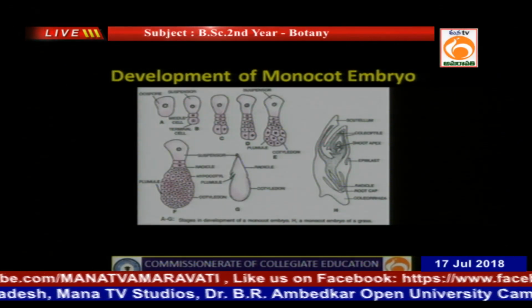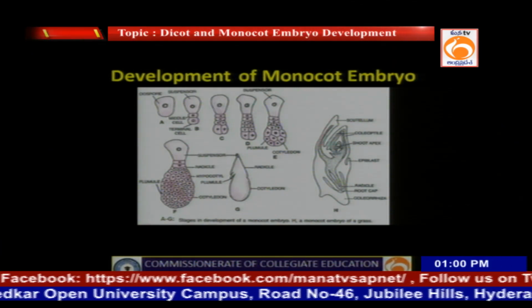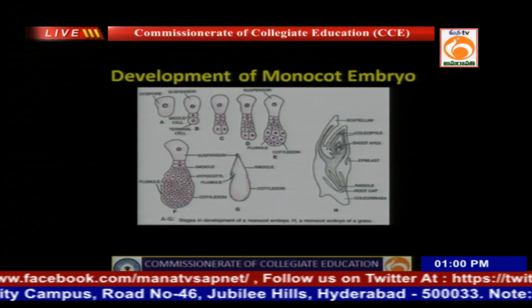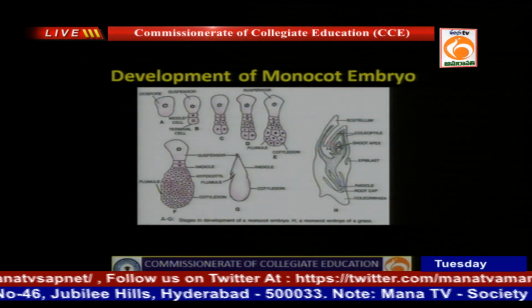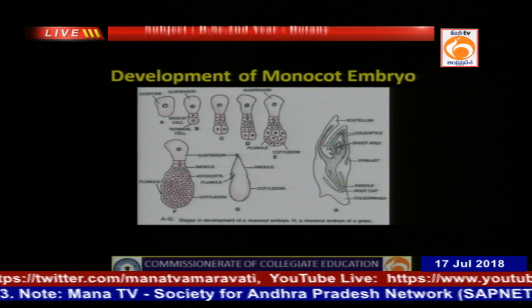Next, coming to the development of the monocot embryo, it is similar initially, that is, a division transversely forming 2 cells, the basal cell called the suspensor and the lower cell called the embryo cell.